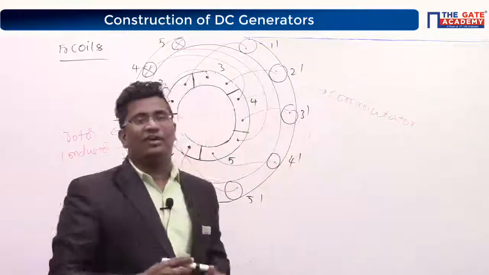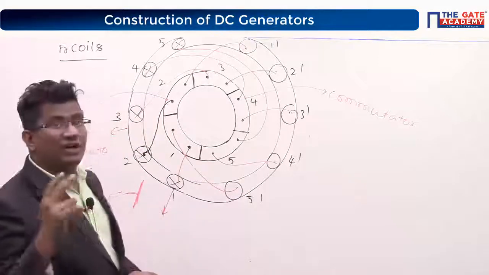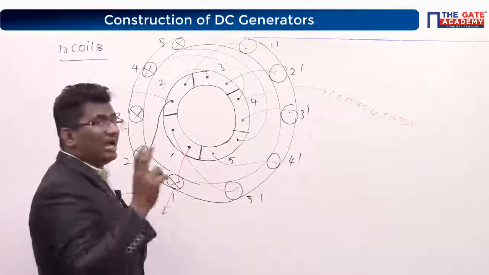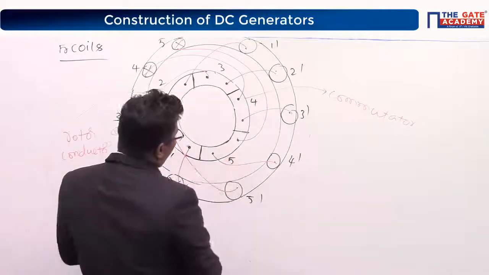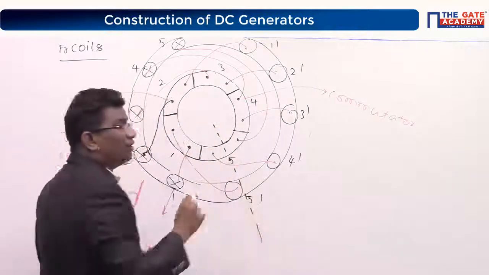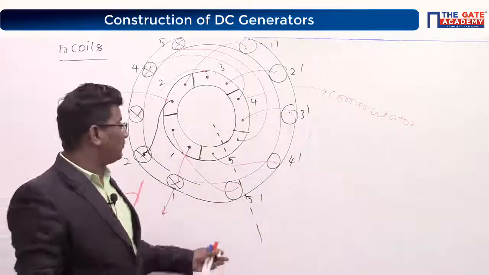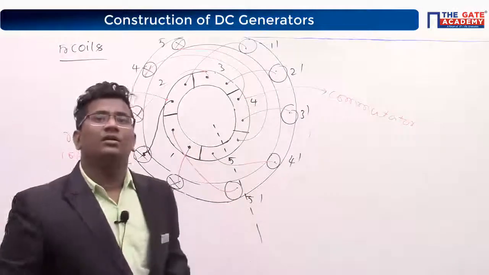For that, what I will do is, look at the board. I will virtually break the 5th segment exactly in the middle. I will break it virtually, not practically. I am not practically disconnecting. I am just breaking virtually.